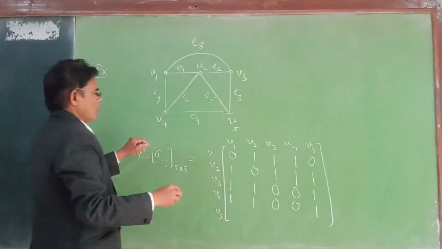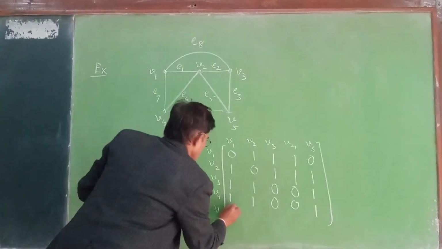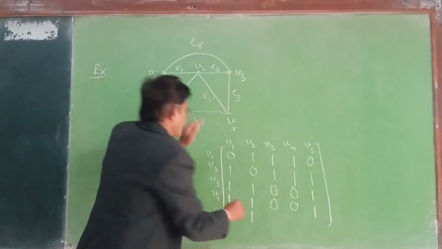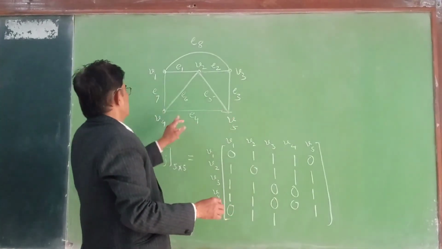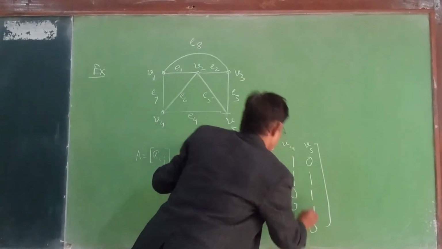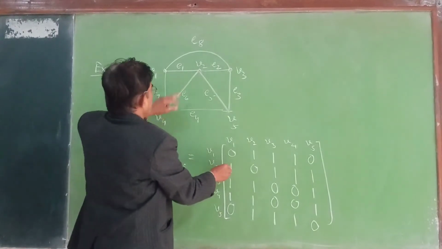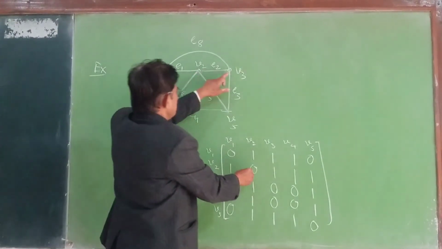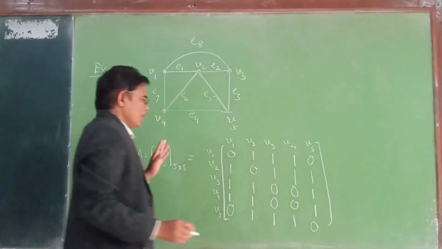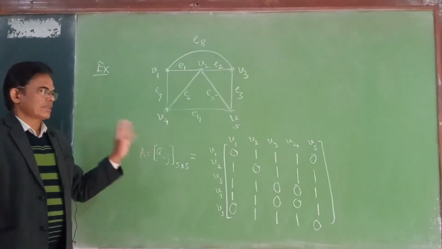Now V5: V5 V1 is 0, V5 V2 is 1, V5 V3 is 1, V5 V4 is 1, V5 V5 is 0. So again we see V2: V2 V1 is 1, V2 V2 is 0, V2 V3 is 1, V2 V4 is 1, V2 V5 is 1. Okay, so this is the adjacency matrix, meaning the vertex matrix.